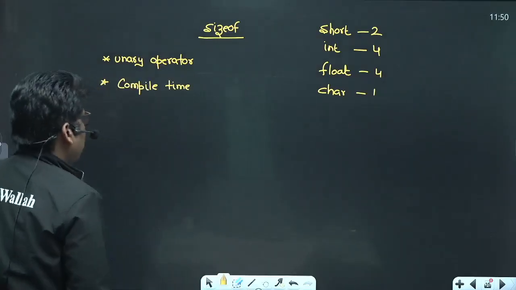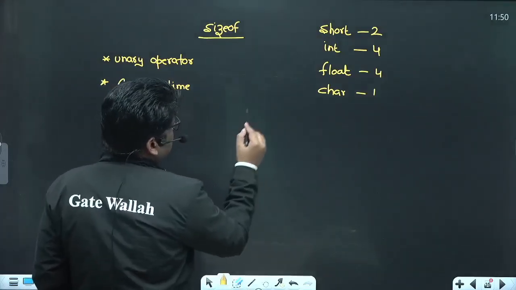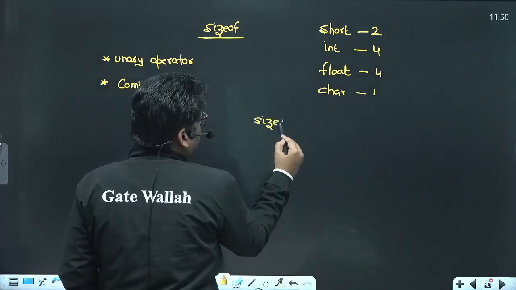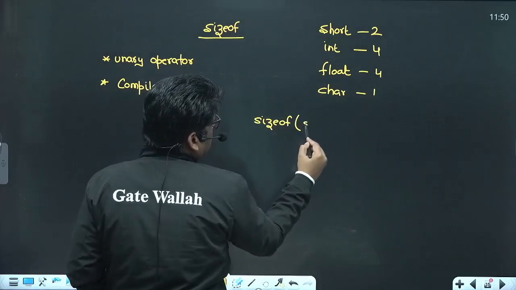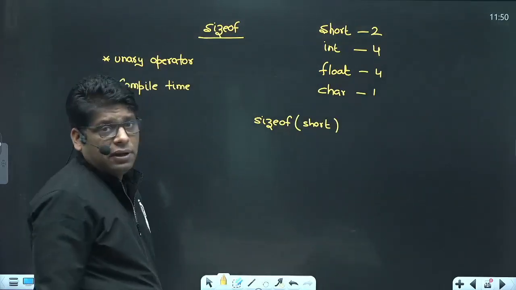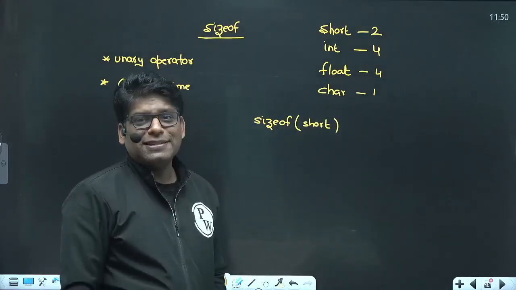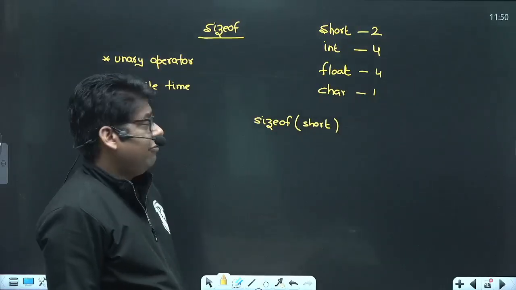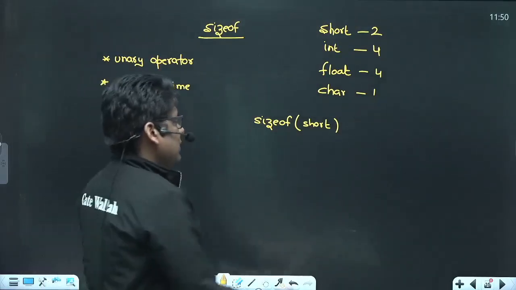Now if I provide this information and ask sizeof, what is the size of short? If we are working on a compiler where the size of short is 2, what is the answer?